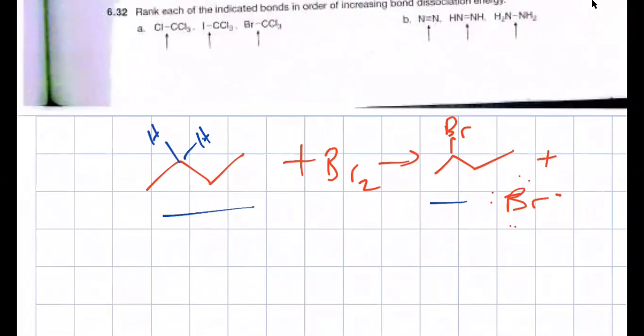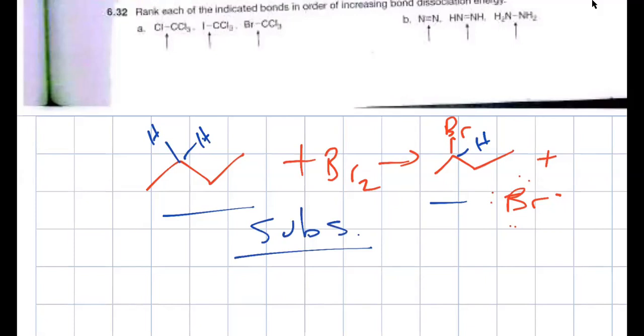One of the bromines got added. One of the hydrogens came off, yeah? All right. So what type of reaction is that? If I take hydrogen off and replace it with another atom, what is it? Substitution. Good.